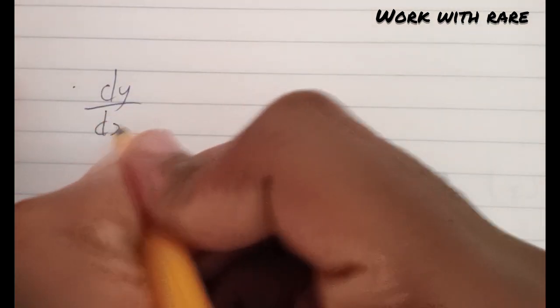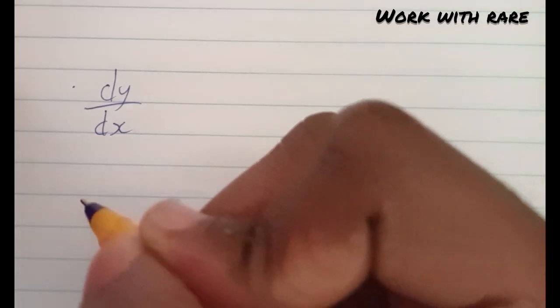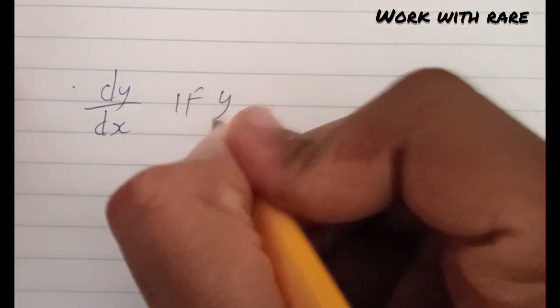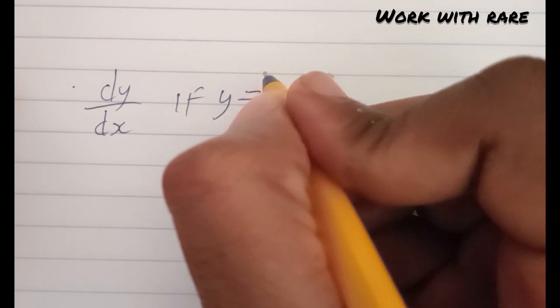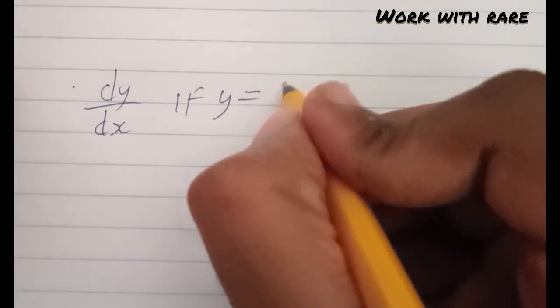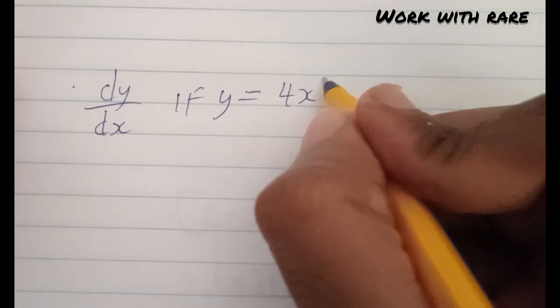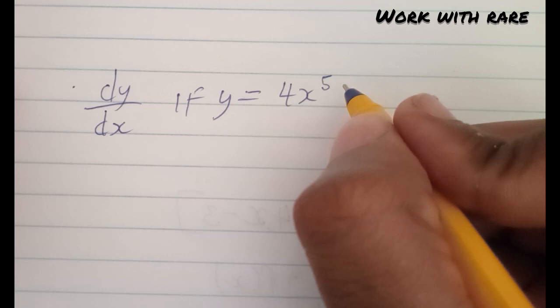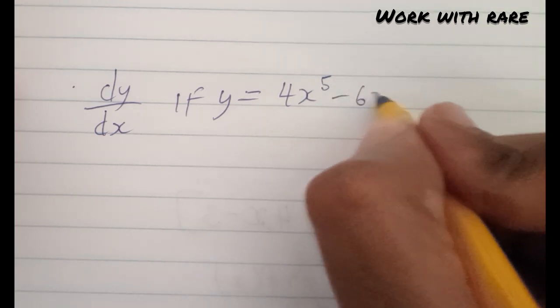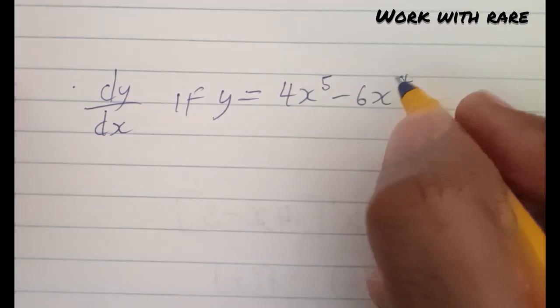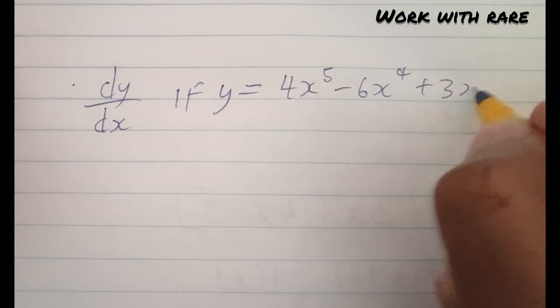Okay, let's check number 2. It says determine, it's also derive. They will give you y equals 4x to the exponent 5 minus 6x to the exponent 4 plus 3x.